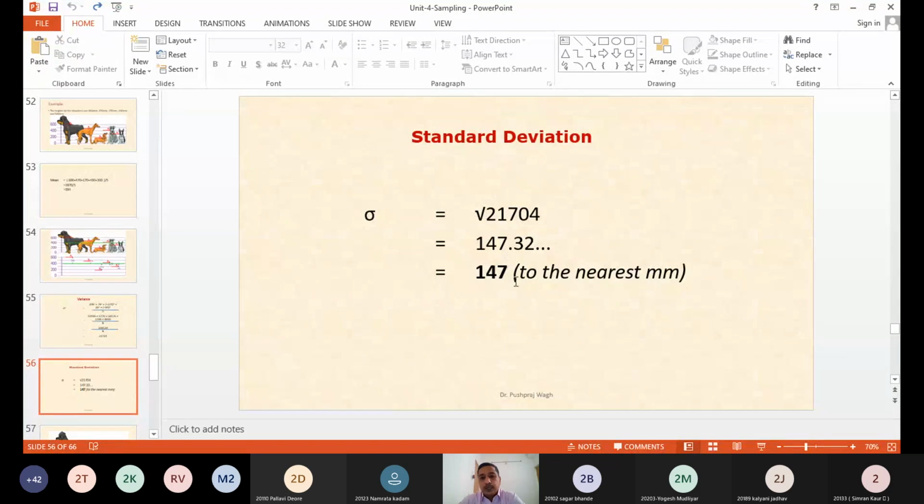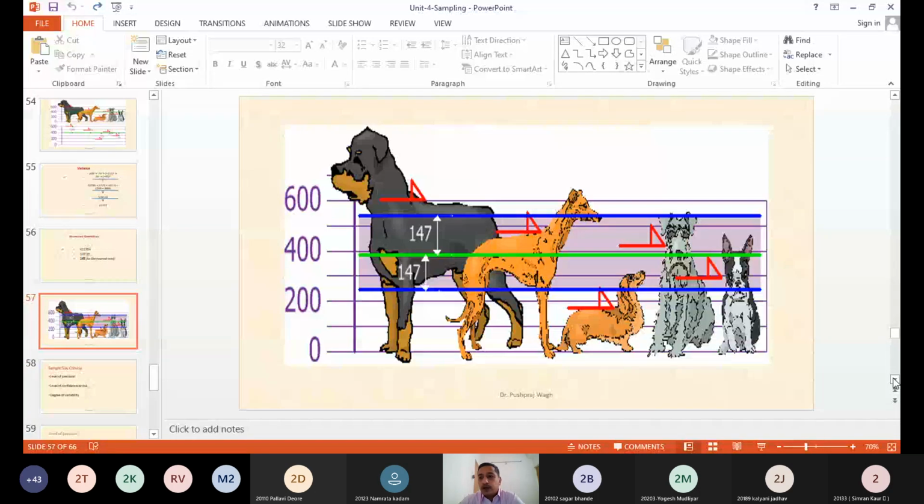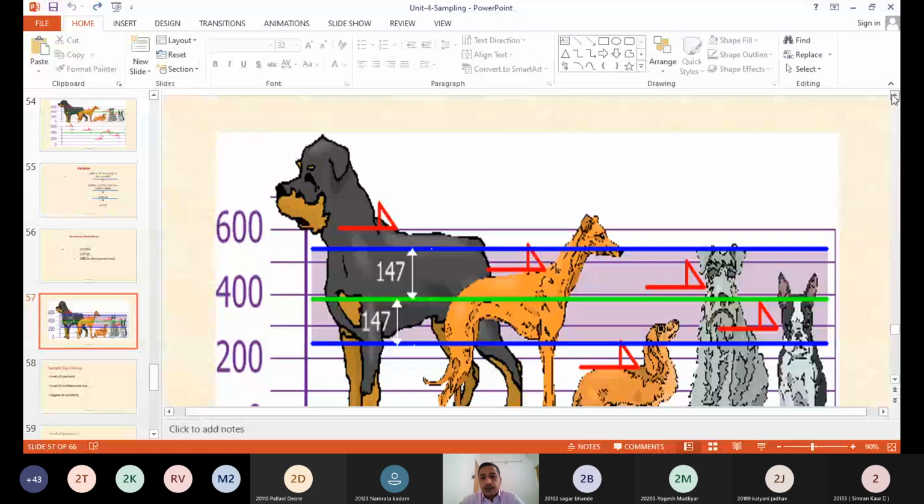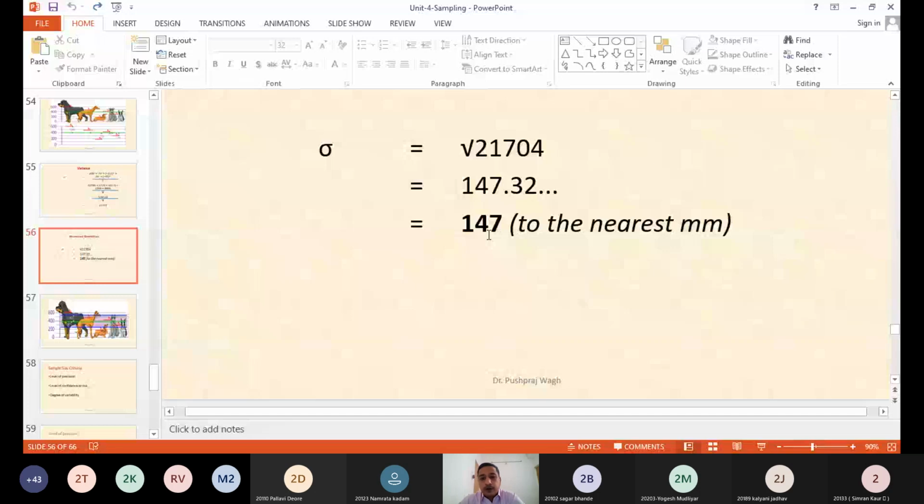So now we will understand what this standard deviation means. In this diagram, this green line is showing the mean. The standard deviation, that is 147 which we have got, is on both the sides.